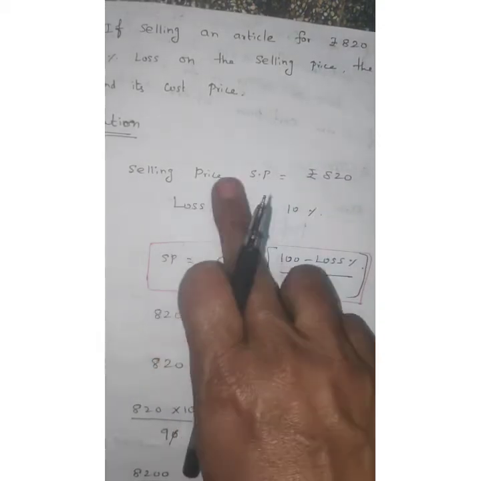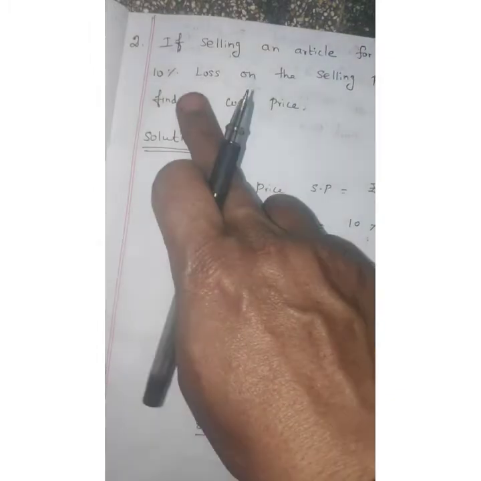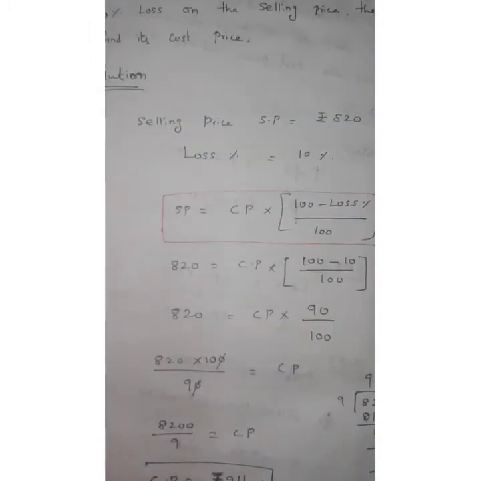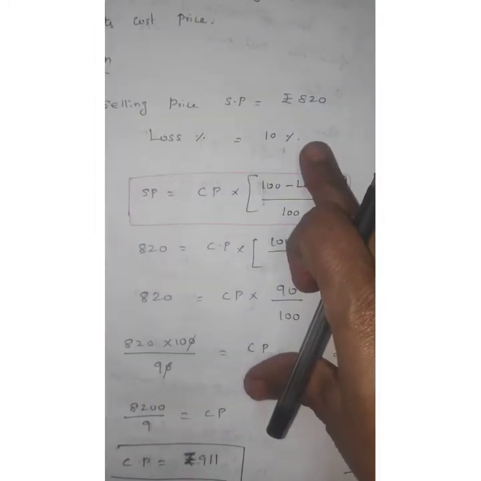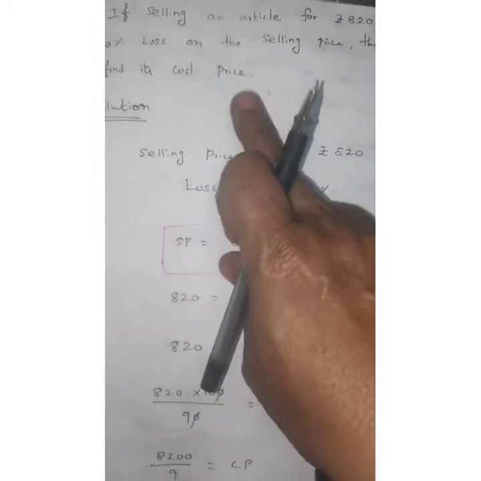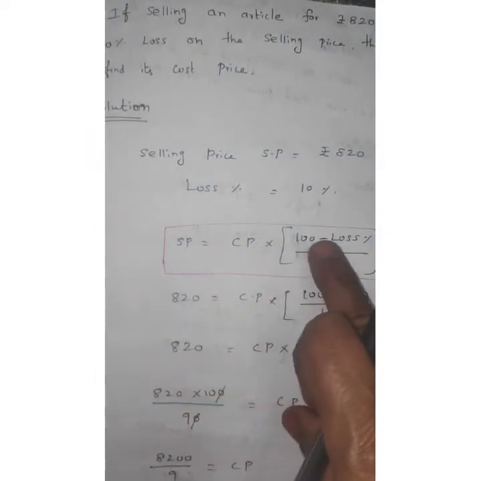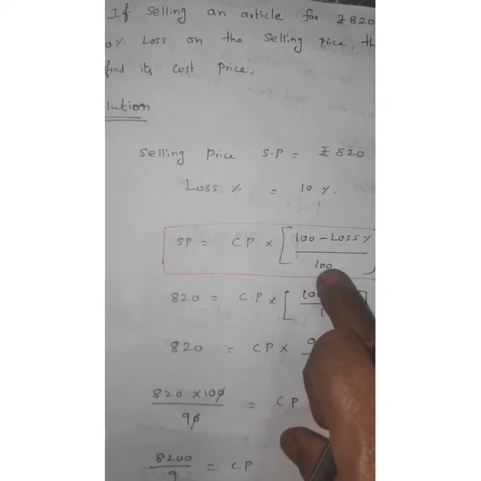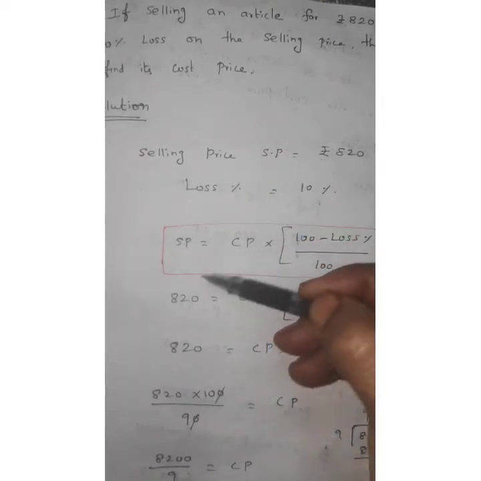Loss percentage is given as 10%. SP and loss percentage are given, and we want to find CP. The formula is SP equal to CP into (100 minus loss percentage) divided by 100. Substitute the SP value, 820.